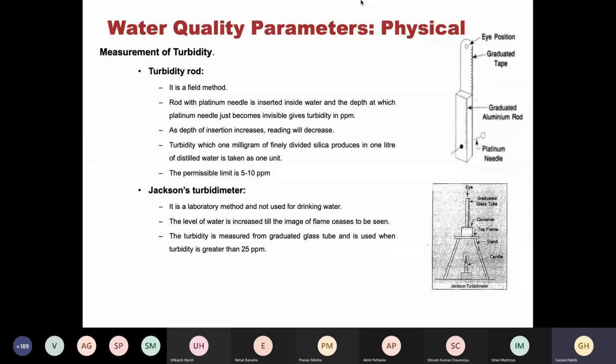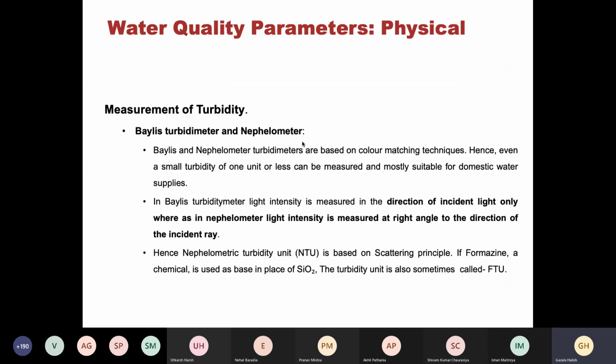Depending upon the transmission of light, the turbidity of the water is determined.